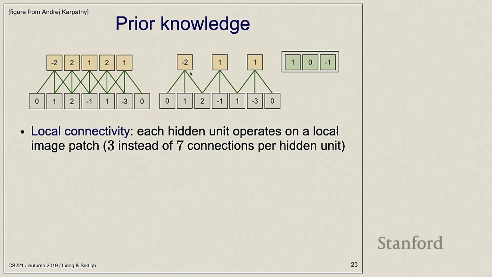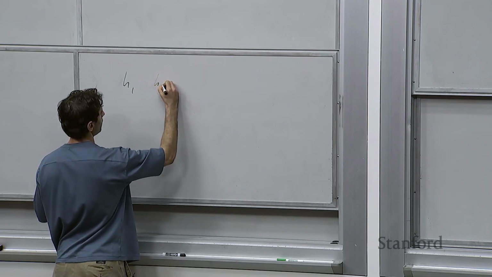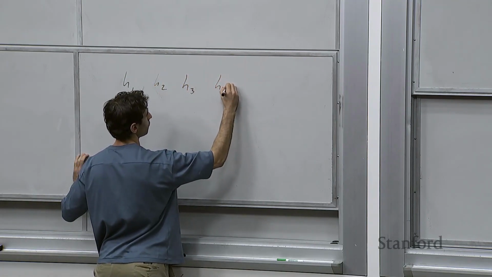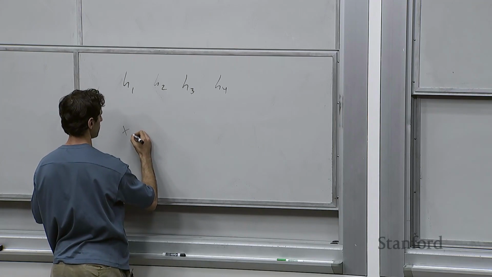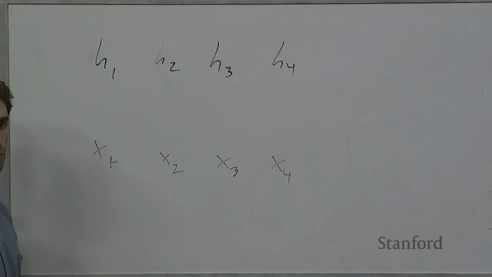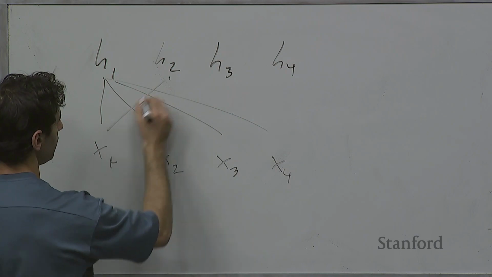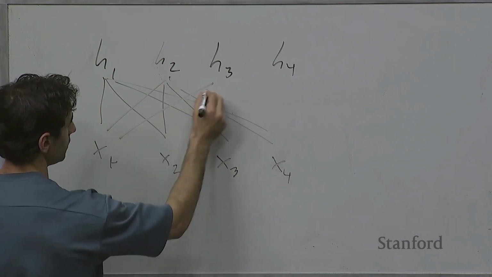One of the advantages of this is that, let's say you had 4 inputs, so this is your hidden layer: H1, H2, H3, and H4. And then you had 4 inputs, X1, X2, X3, and X4. If you did a regular fully connected matrix layer, then every one of these is going to be connected to every one of these.